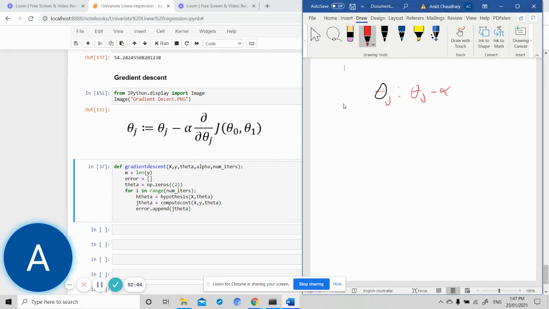Now if we solve our derivative, then it will be h of theta minus y times x naught. You also need to include 1 by m. So let me write it down correctly.